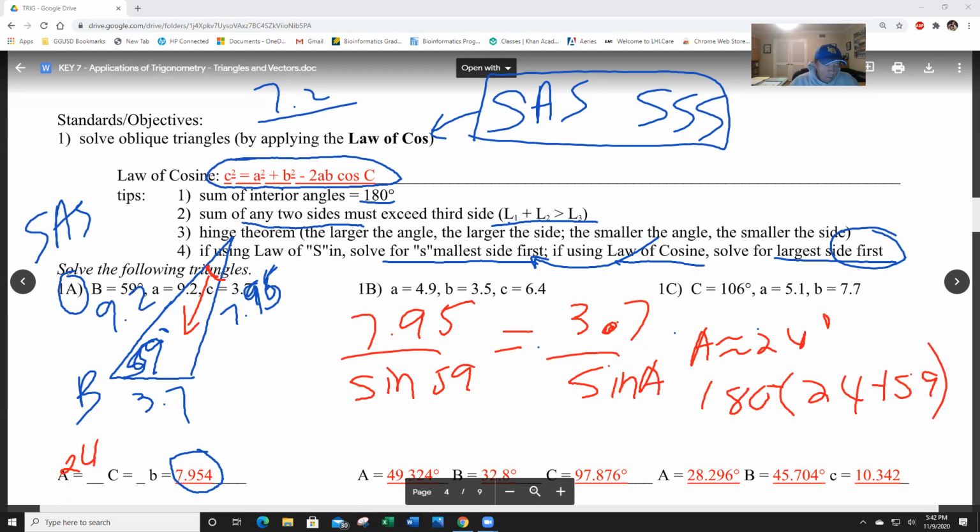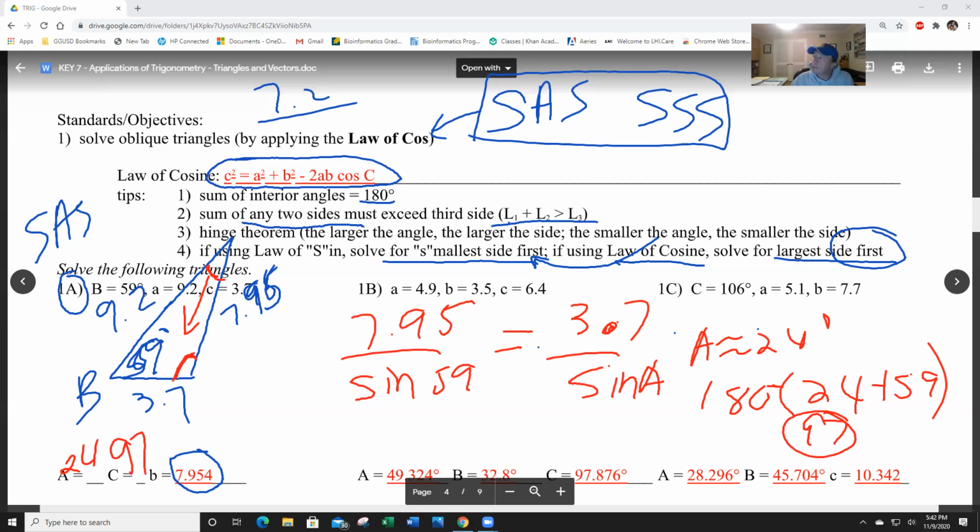Okay, and that's going to come out about 97 or 98 degrees. I think it's 97 degrees. So this is actually an obtuse triangle. Had we solved for the largest side first, we would have got into an ambiguous situation because the value of sine would have produced two different angles, which is why you want to do the smallest side first. Okay, so that's A.